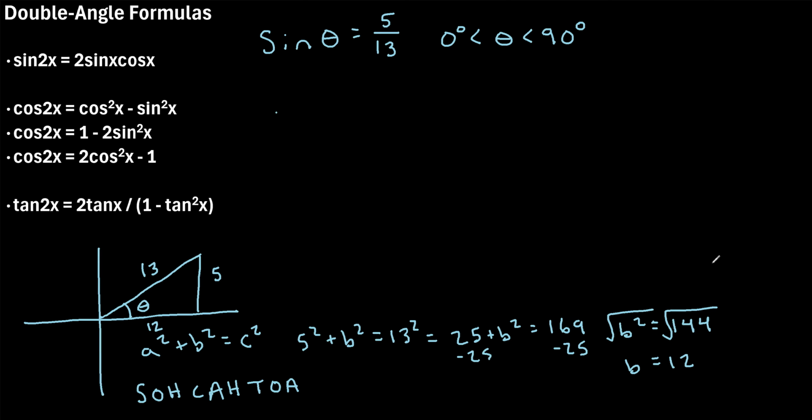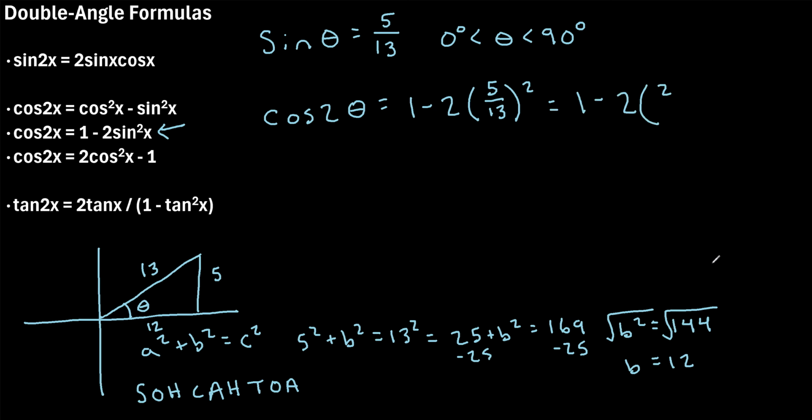Okay, let's make some room here. How about the cosine of 2 theta? So we can use any of these three formulas that we'd like to calculate the cosine of 2 times some angle. I'll choose this middle one right here, just for simplicity, since we only need to know sine. So let's write 1 minus 2 times sine squared. So sine we know is 5/13, and that will be squared. So we get 1 minus 2 times 5 squared is 25, and 13 squared is 169.